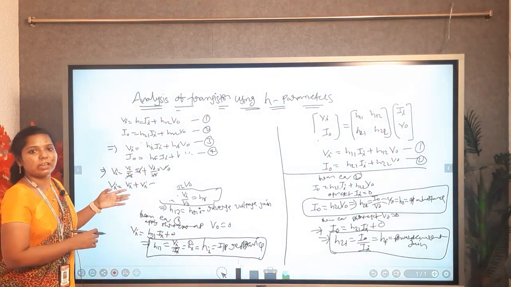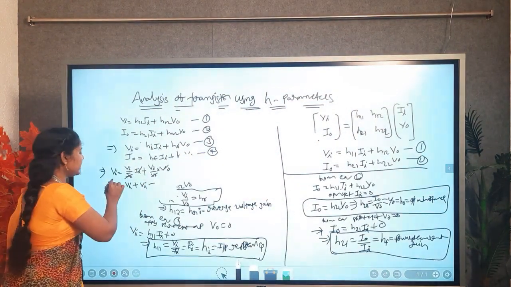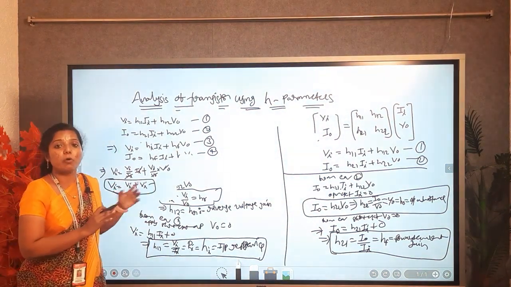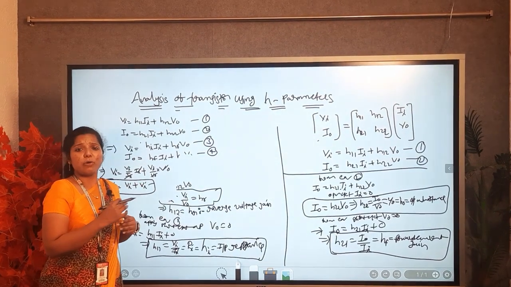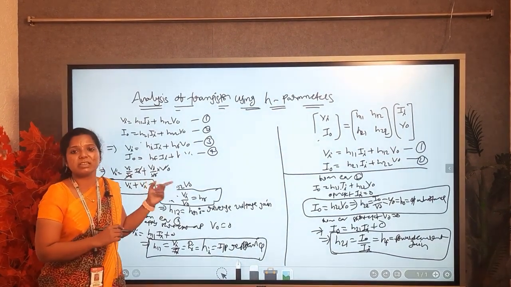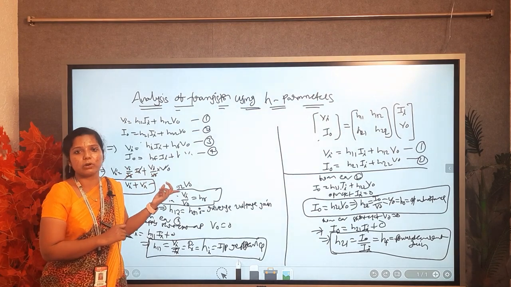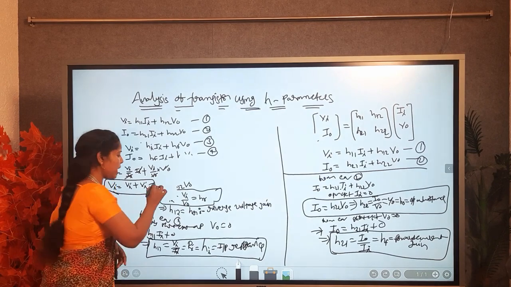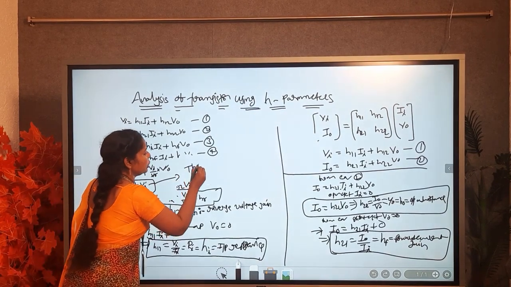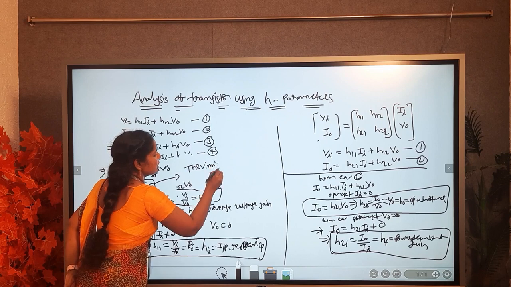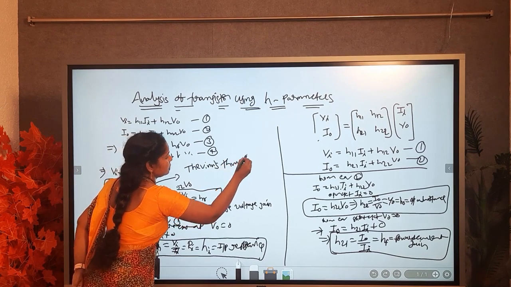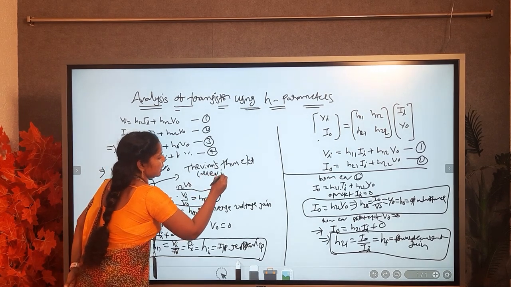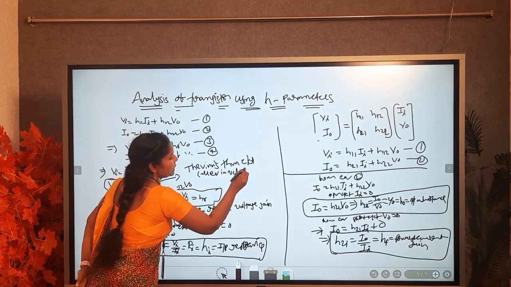It is in the form of voltage only. So you have to apply Thevenin's theorem, Thevenin's equivalent circuit, because all the equation is in the form of voltage only.